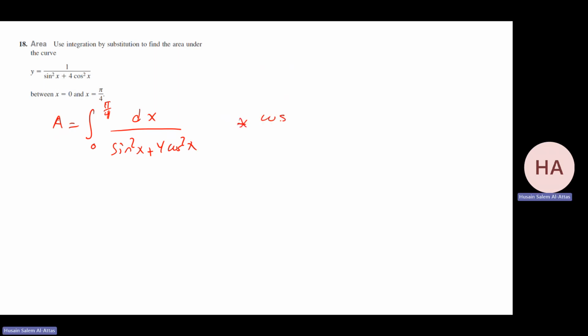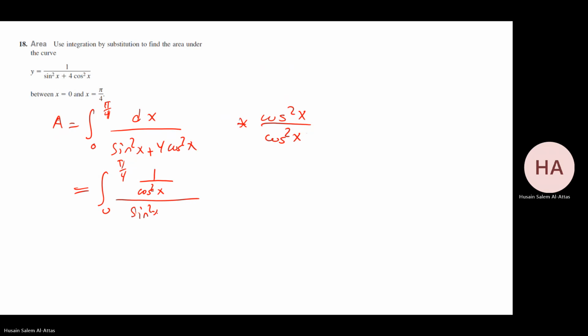I'm multiplying by cosine square over cosine square, but I do this as a quotient. So this would be 0 to pi over 4, and I'm having 1 over cosine square over here and 4 over cosine square. Yeah, I think that will do it.